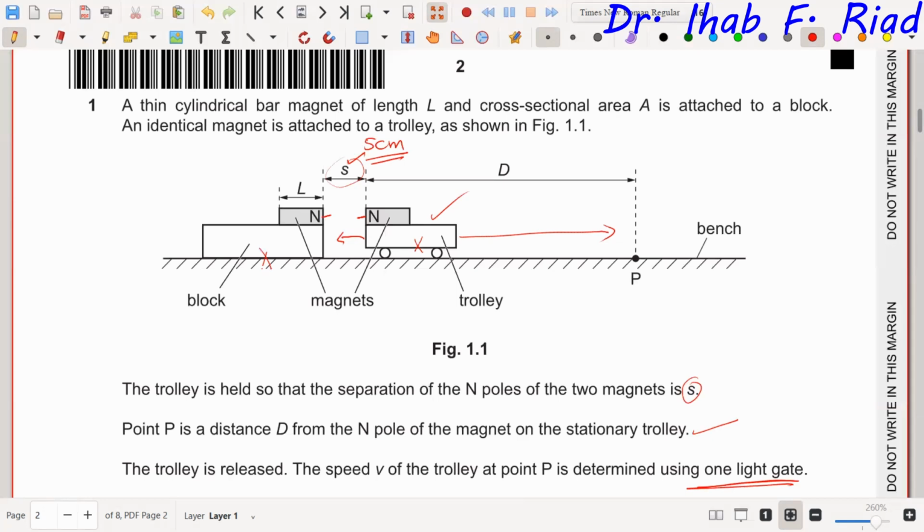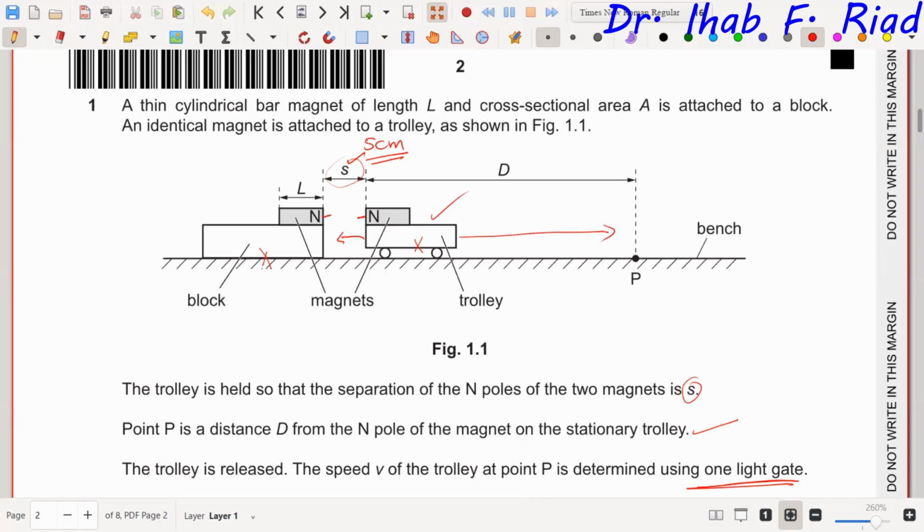Now, if we make S even smaller, what would happen to the velocity? The velocity of going backward will increase. Because now they are repelling even stronger, right? Yes.